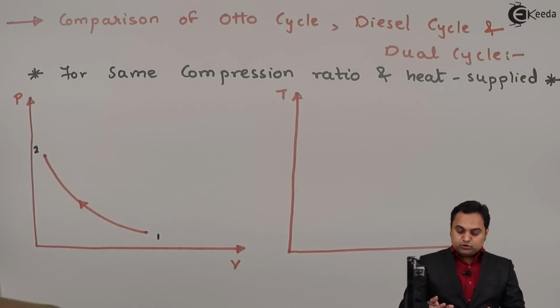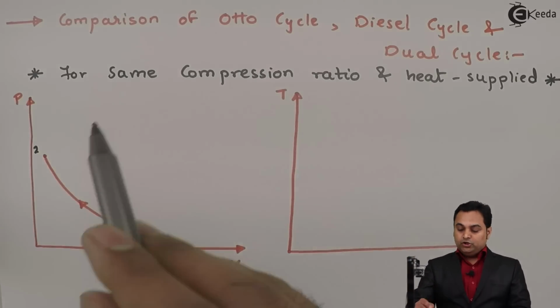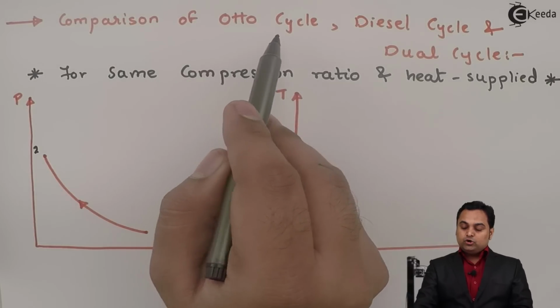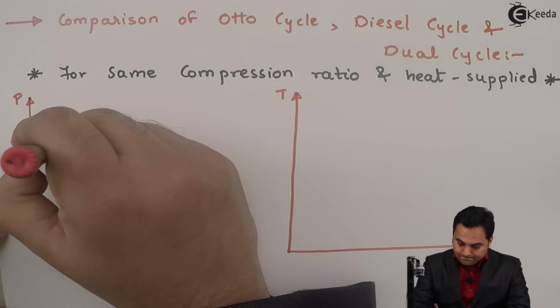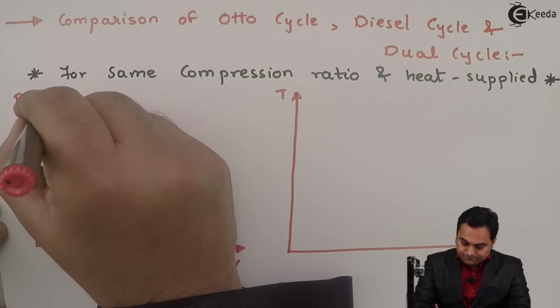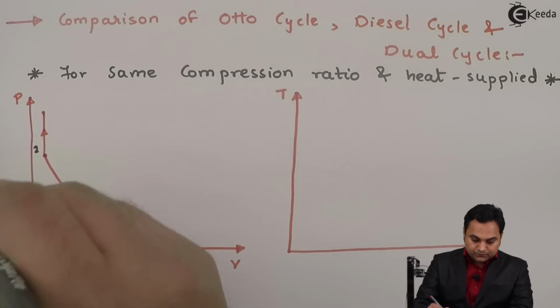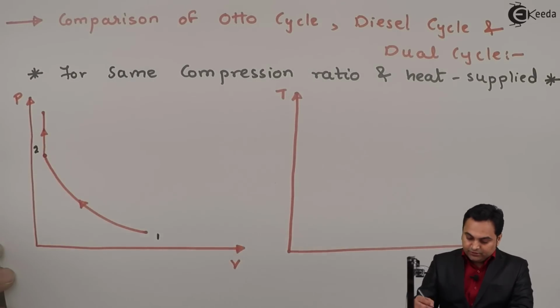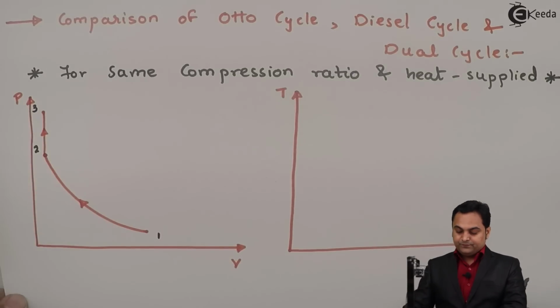Next, process 2 to 3 in case of Otto cycle, because first I am drawing Otto cycle, is constant volume heat addition. So keeping the volume constant, the heat is being added from point 2 to point 3.